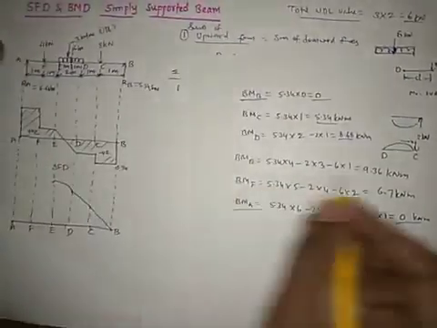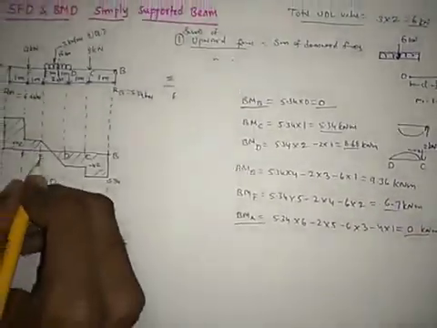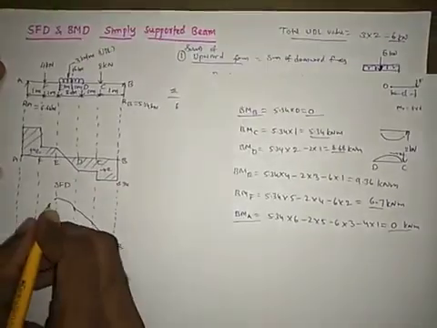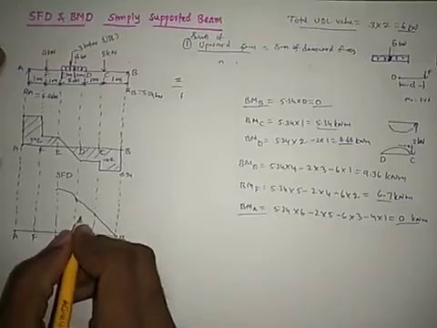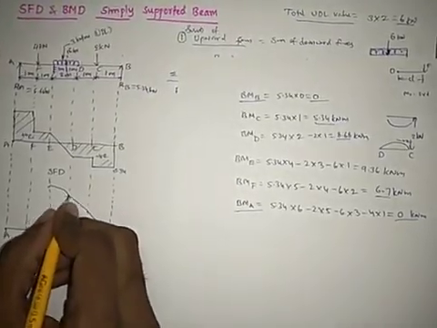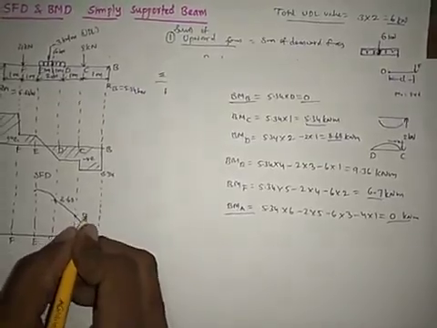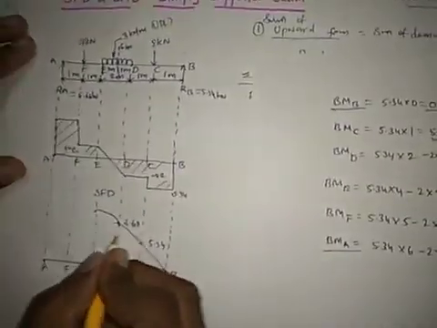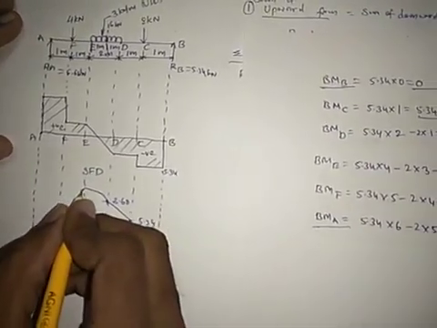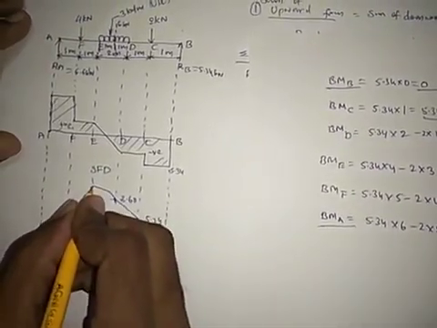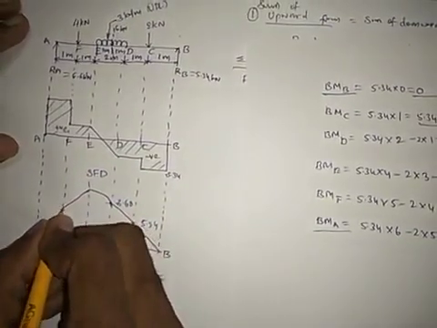And next, from E to F, after E the value is 6.7, it is decreasing, and between E to F the shear force is a horizontal line, so here you will get an inclined line. 6.7 means approximately this, the 8.68 we have calculated already, and this is the 5.34, so 6.7 is between these two, approximately up to here, and horizontal line means inclined line, so like this.